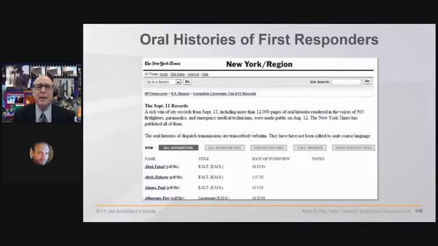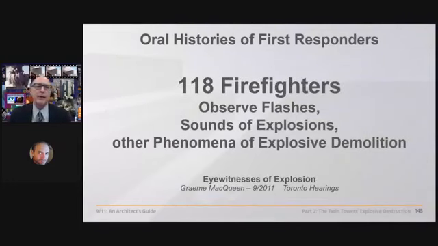And the New York Times published the transcripts of these, and Graham McQueen, who carefully read them all, found at first 118 firefighters observing flashes of light, sounds of explosions, and other phenomena of explosive demolition.